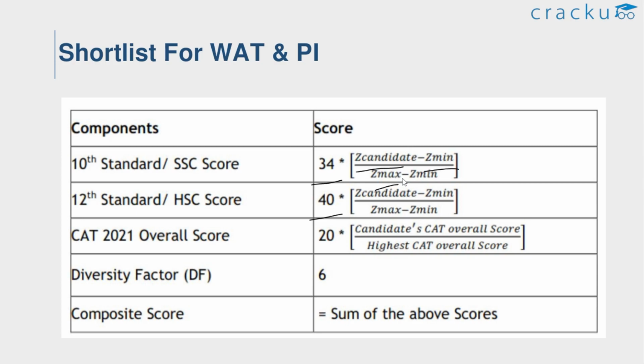Z candidate means marks for the candidate, Z minimum means minimum marks, and Z maximum refers to maximum marks. Here we can see that CAT is given only 20% weight and your past academics are given a lot of weightage. This is the uniqueness of IIM Indore, and almost 75% weight is given to your 10th and 12th score.